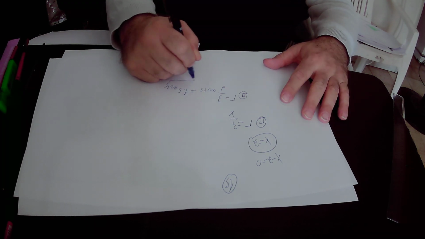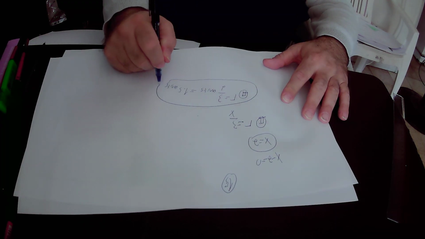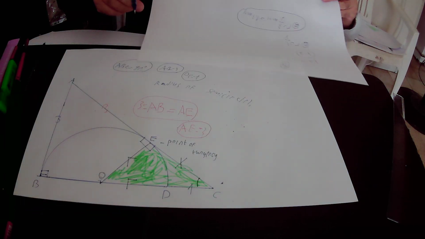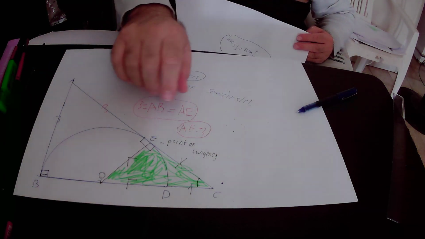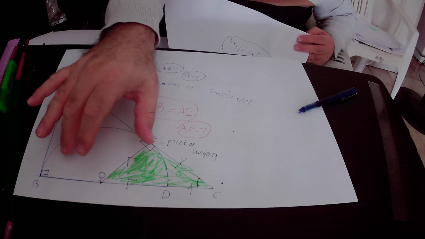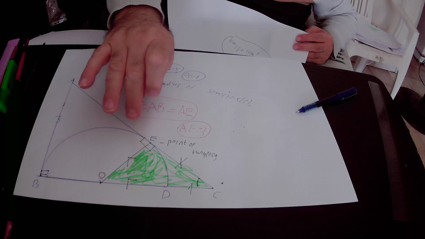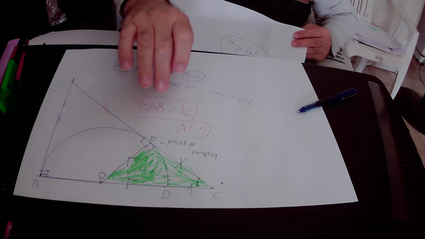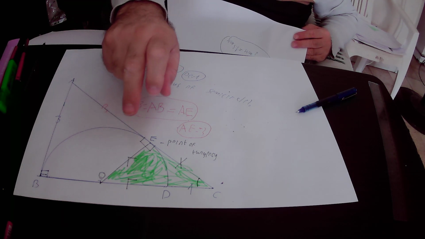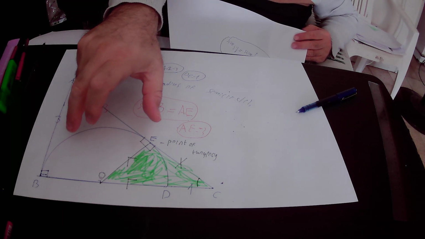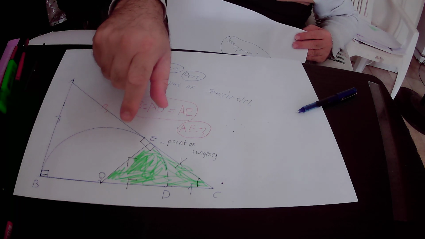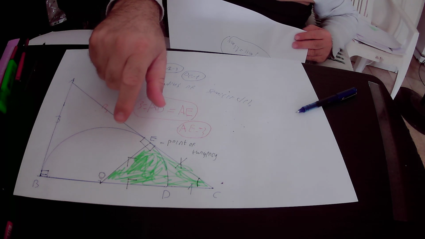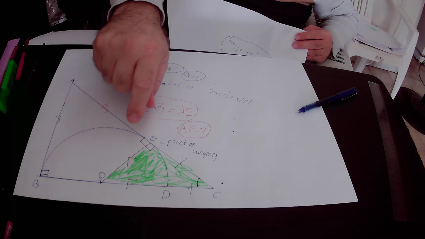So we actually found out that the radius of this semicircle equals either 3 over 2 units or 1.5 units.